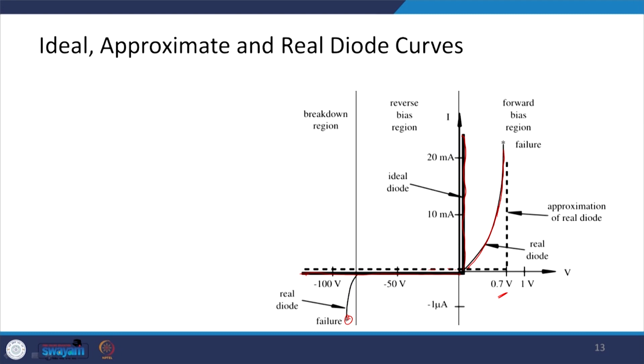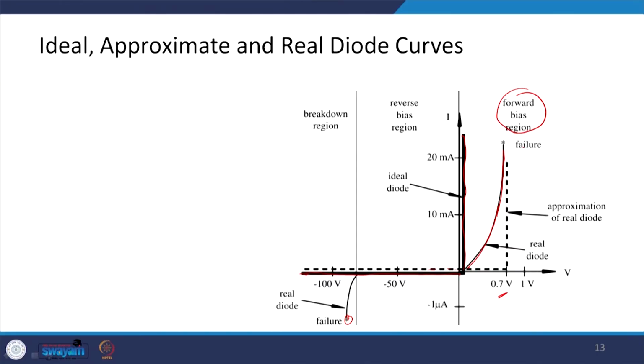This steep increase in current at almost constant voltage is helpful in designing the voltage regulator, which we call the Zener diode, which I will be discussing in the coming slides.